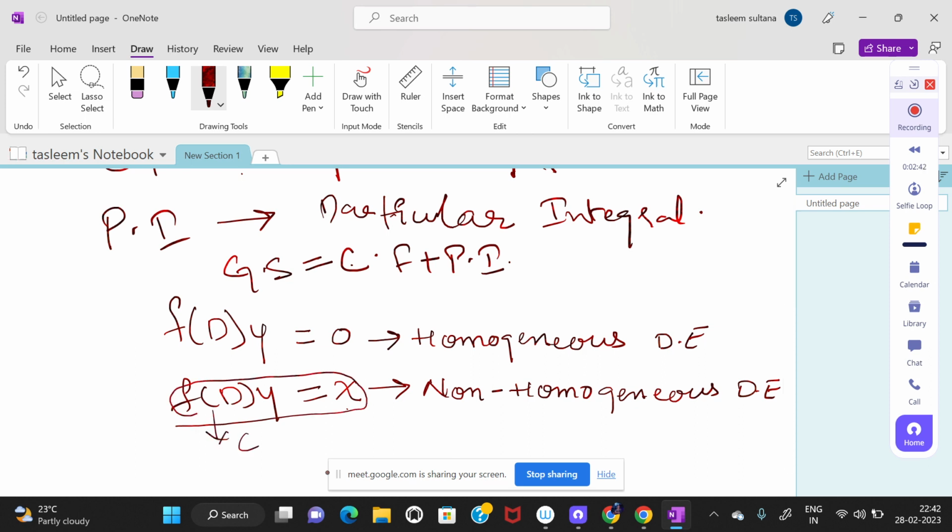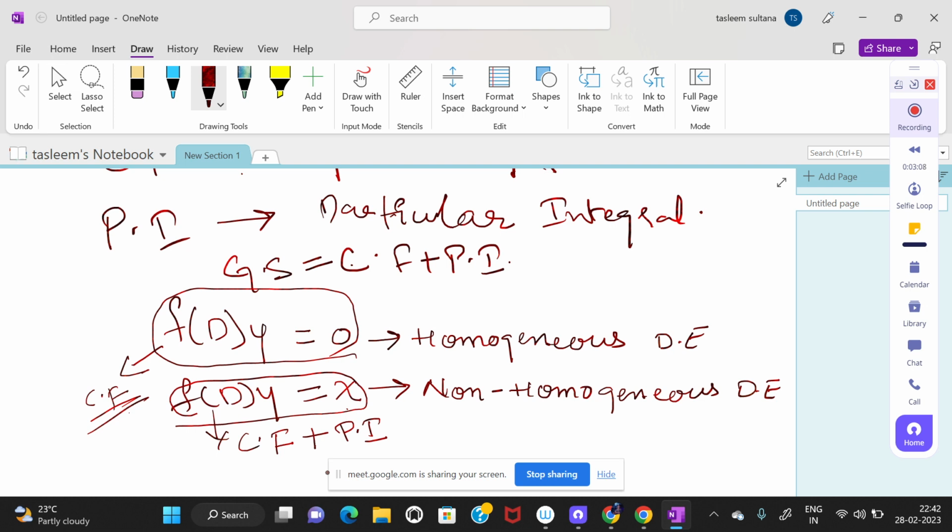First half will be complementary function, second half will be your particular integral. When it is a homogeneous differential equation, you have to find only CF. When it is non-homogeneous, you have to find both.